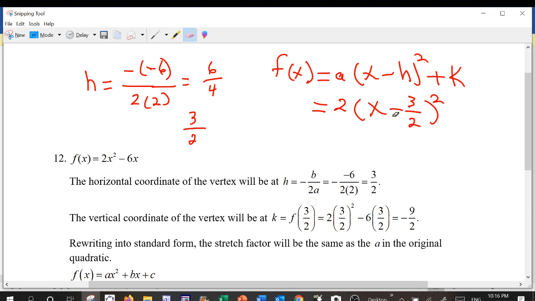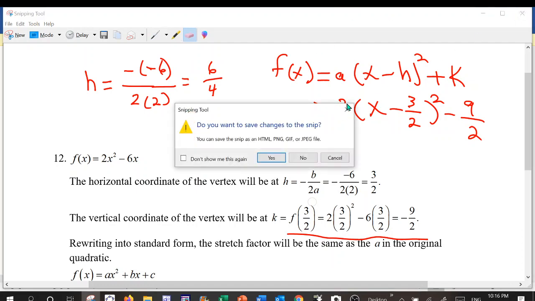And it's positive, so we just put it; if it's negative, we have to put minus negative, right? Now, what is k? Well, k would be f of this number. It's calculated right there. It's negative 9 over 2. Okay, that's that.